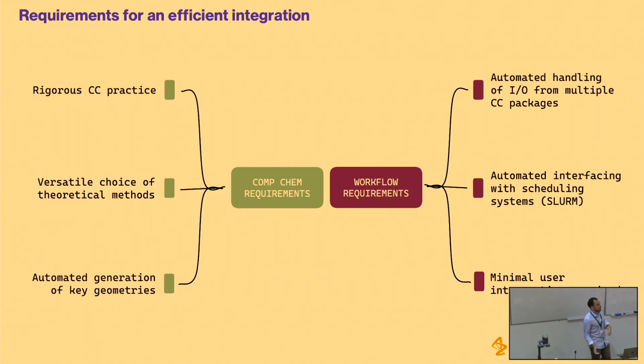From the workflow point of view, since all of these types of tasks are handled by different computational chemistry packages, the workflow should be able to handle different input-output formats and options from the different packages. I should just press a button and not care about setting up the different inputs and outputs for every software package.